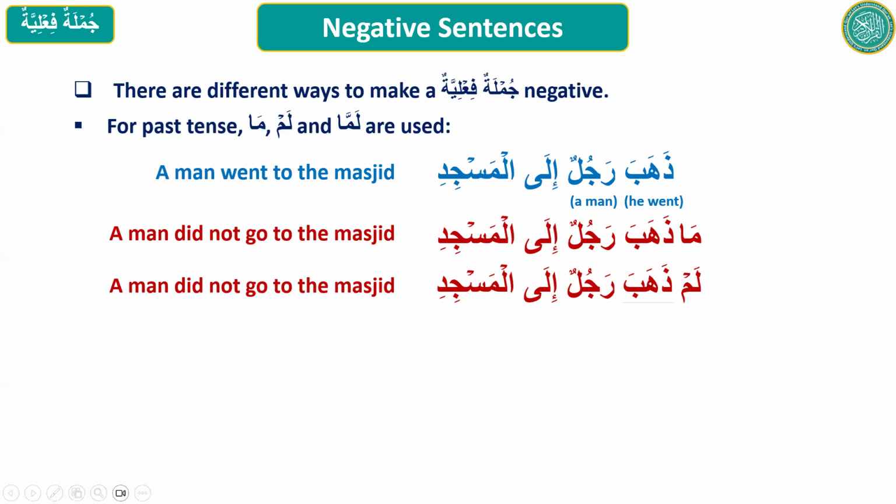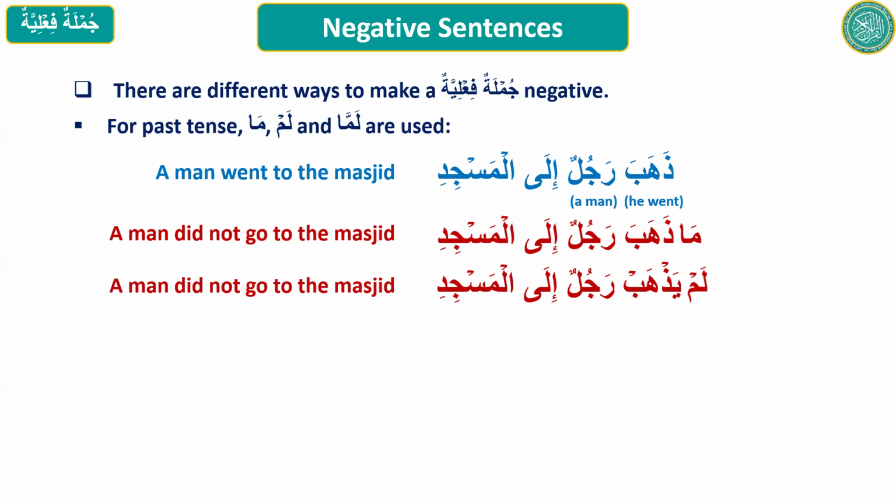Zahaba has to change. Zahaba is Bab Fataha. Zahaba means he went. Zahaba, zahabu, zahabta, zahabtum, zahabtu, zahabna, yazhabu. Yazhabu means he goes or he will go. But is it yazhabu? No. It's yazhab.